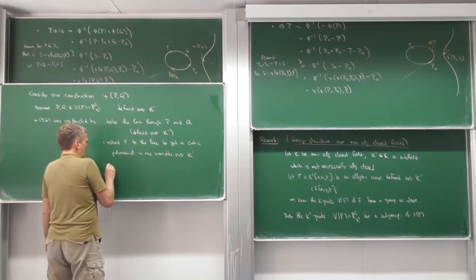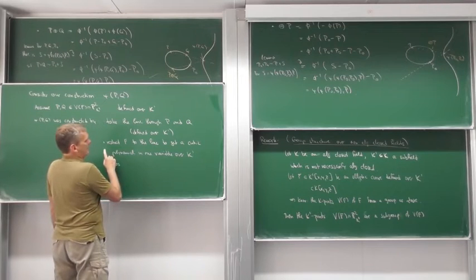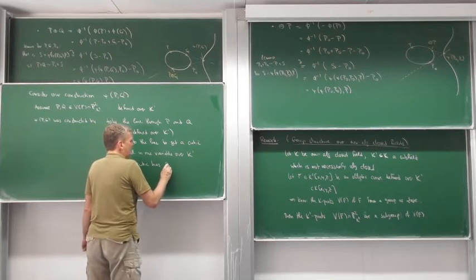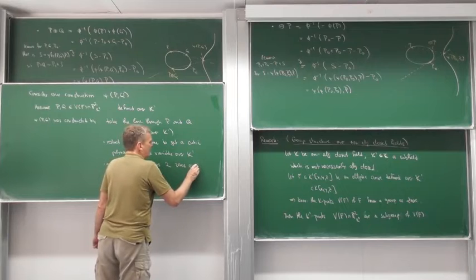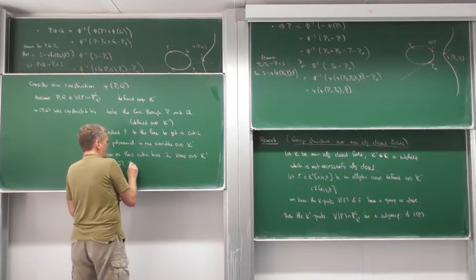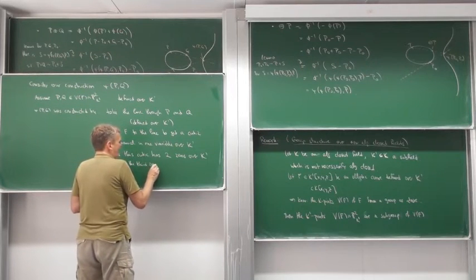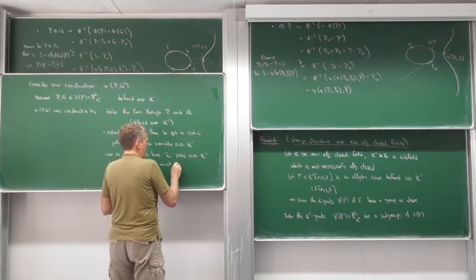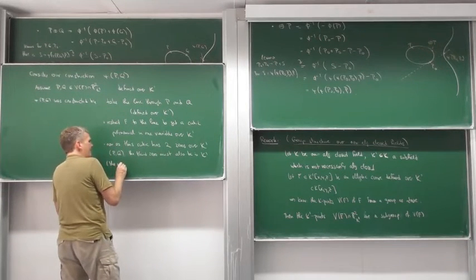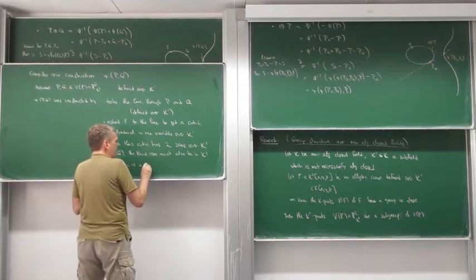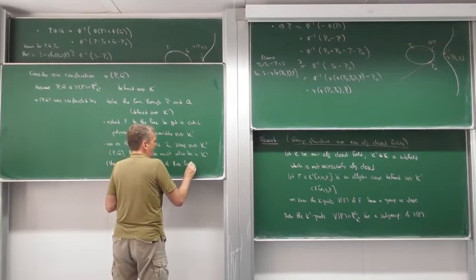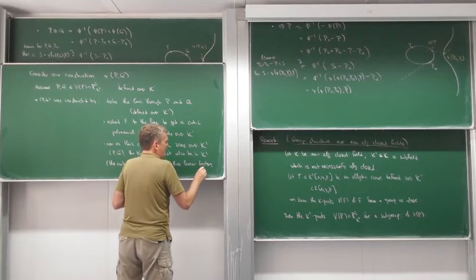So now, as this cubic has two zeros over K prime, namely P and Q, the third zero must also be in K prime, namely the cubic is a product of three linear factors over K prime.